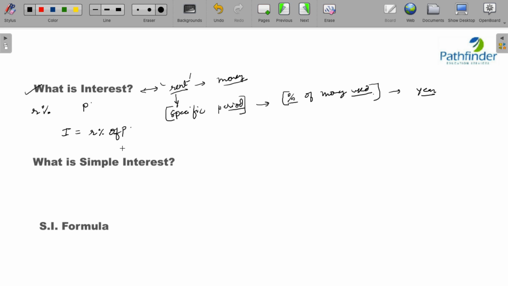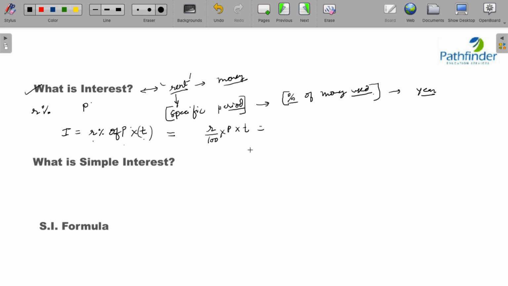So R% of P for every year. Now suppose the number of years is T. So you are paying interest as R% of P for T periods or T years. What does that become? R upon 100 into P into T.